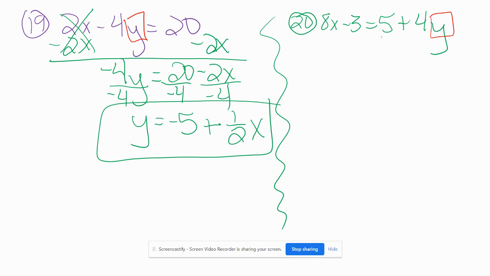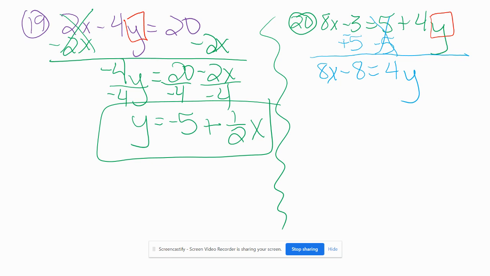I'm going to start with the 5. The opposite of a positive 5 is a negative 5, and it has a like term with 3. Bring down your 8x. Negative 3 minus 5 more, or plus negative 5, is negative 8. Those add to 0, and we have the 4y still there.